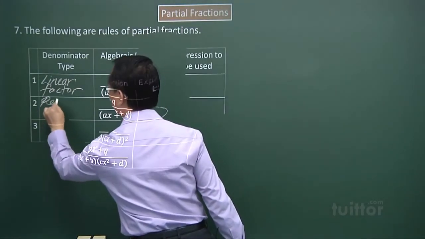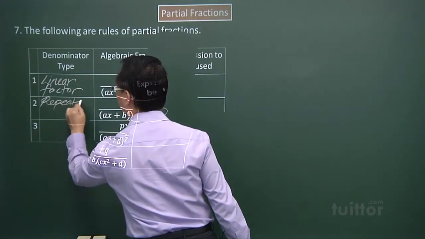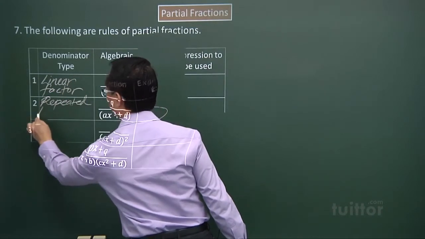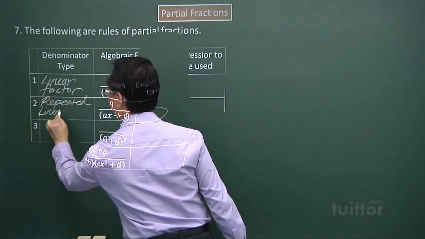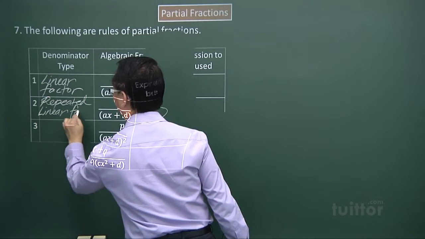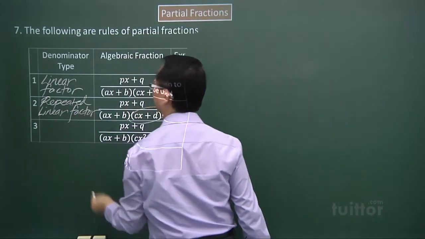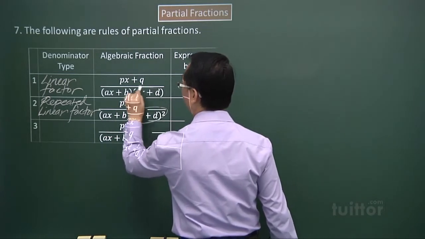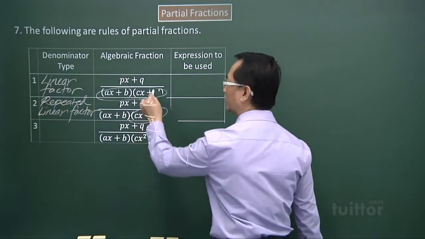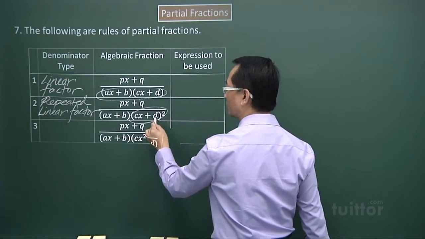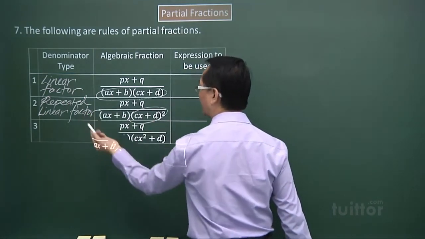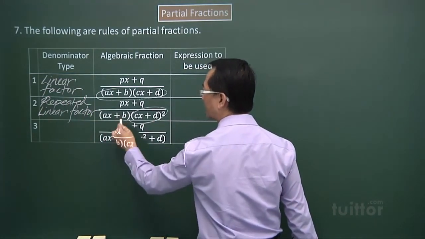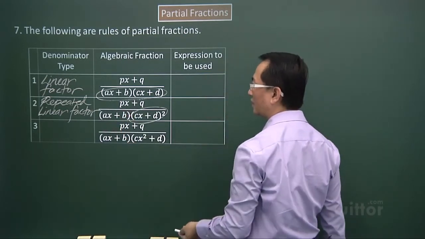So the emphasis is repeated linear factor. Just to highlight, these two are actually linear factors. This one is a repeated linear factor. This one, of course, is just a linear factor.